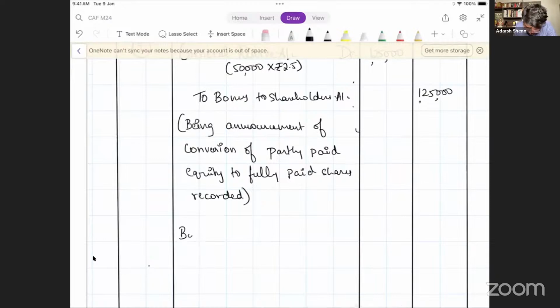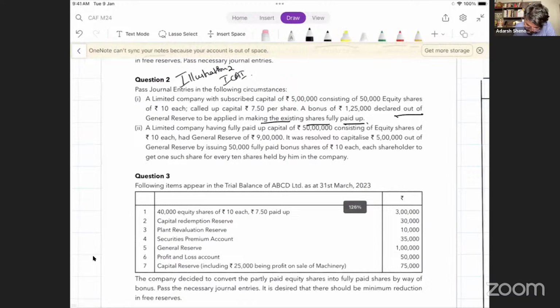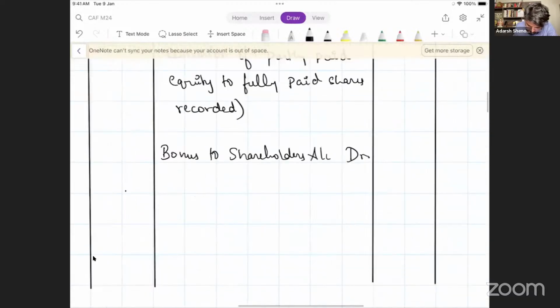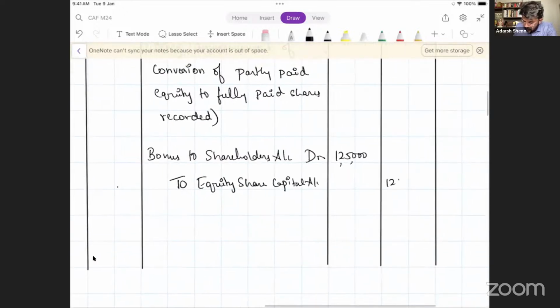Next, bonus. We're not done. Bonus to shareholders account debit. It's equity shares, so to equity share capital, one lakh 25,000.